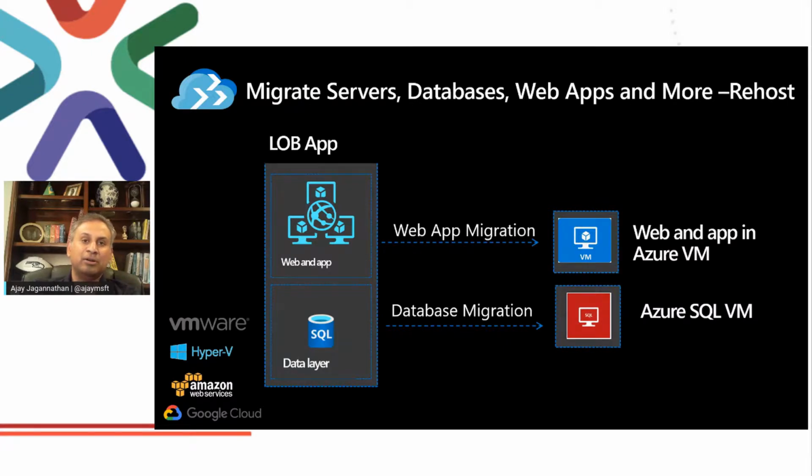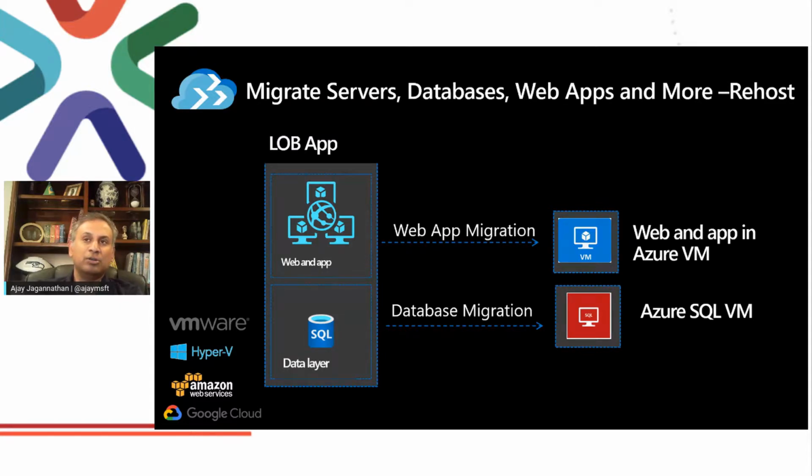And we will cover more of this in the migration session. And these things could be hosted in any environment. If it's like a line of business app running on, let's say, a virtualized environment like VMware or Hyper-V, or in other clouds like AWS or GCP, you can just take those VMs and move them as is to Azure and leverage all the benefits.